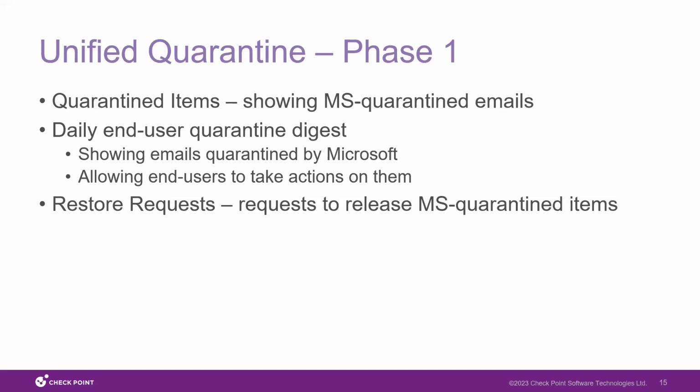The goal behind this is to improve the admin experience and the user experience by giving you a centralized place where you can manage quarantined messages, and understand what Microsoft did versus what we did when the same message is being inspected in two different locations.